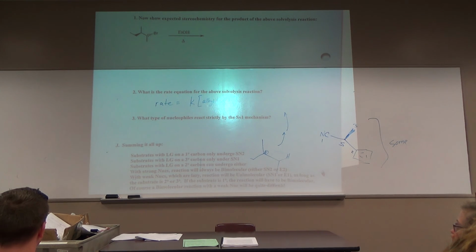Here's why though. Strong nucleophiles are bullies. They have to stick their nose in. Strong nucleophiles will not wait around for something to ionize. You got a bromine? You want to ionize? Well, too bad. Here I come. Boom, kick it off. The SN2 happens faster with strong. They're bullies.